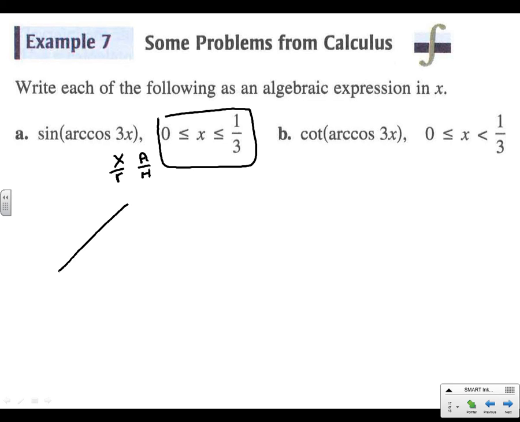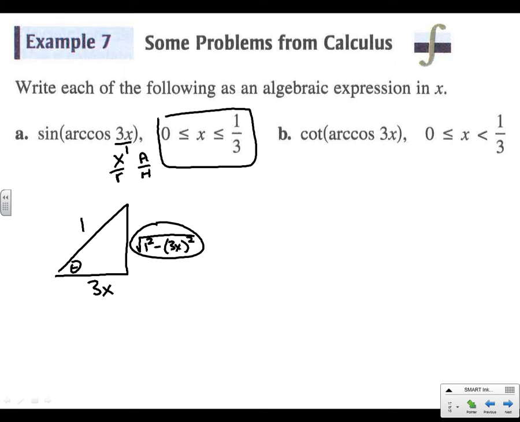Let's draw our triangle. Here's our theta. This is the same as saying 3x over 1. So here's my adjacent side, 3x. Here's my hypotenuse. Let's figure out the sine. For sine, I'm going to need this opposite side over here. Let's figure out what it is. So it's going to be the square root of 1 squared minus 3x squared, Pythagorean theorem.